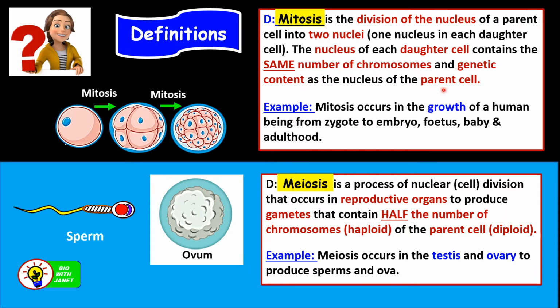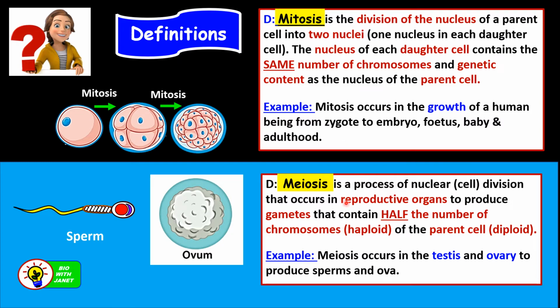So daughter cell and parent cell have the same genes. Now, an example of mitosis. Mitosis occurs in the growth of a human being from the zygote stage, which is the fertilized egg stage, to embryo, and then to fetus, baby, and adulthood, through adulthood also.